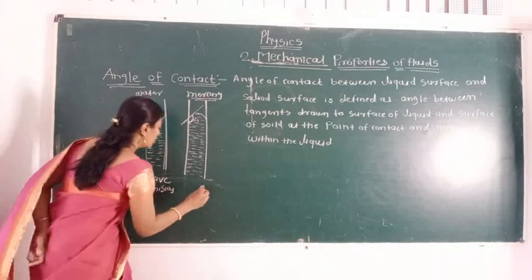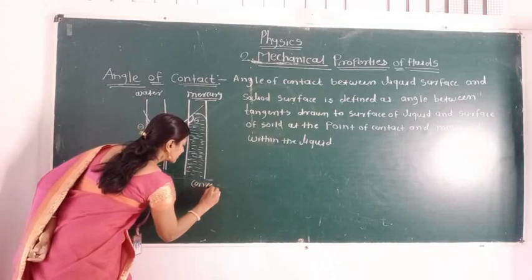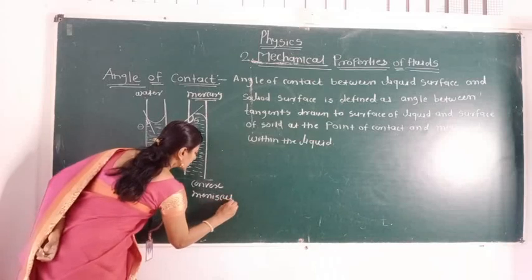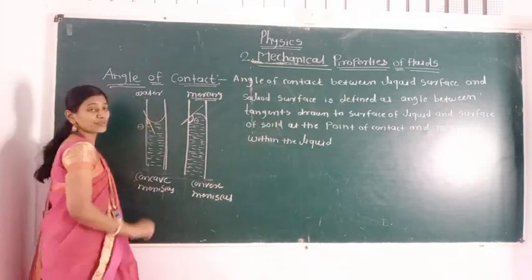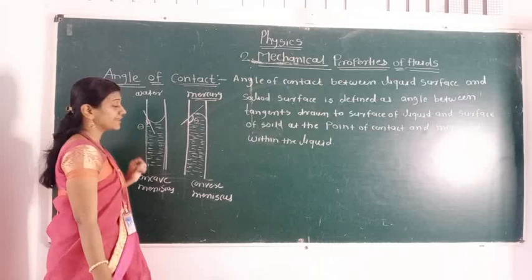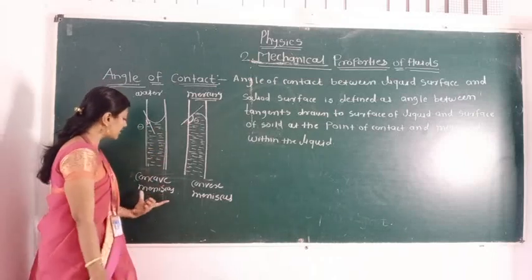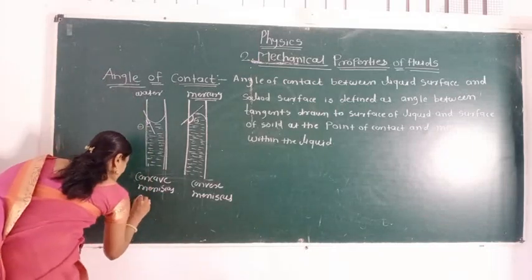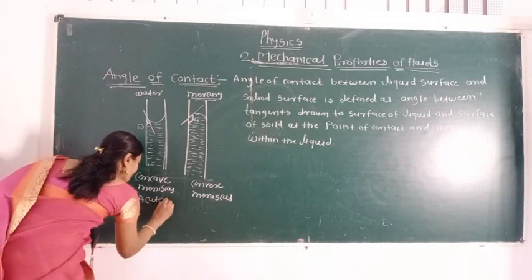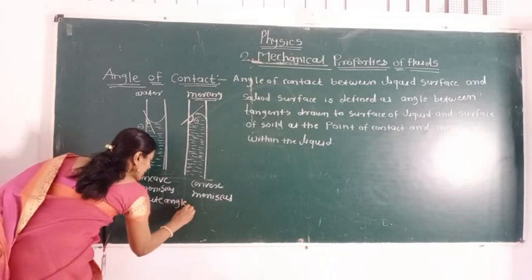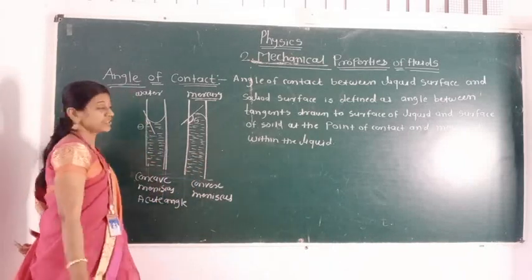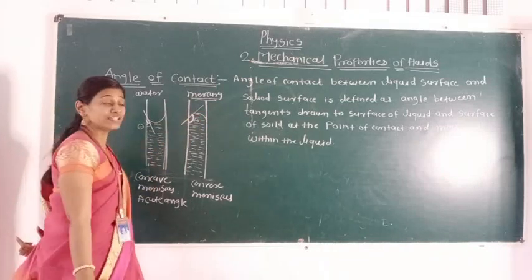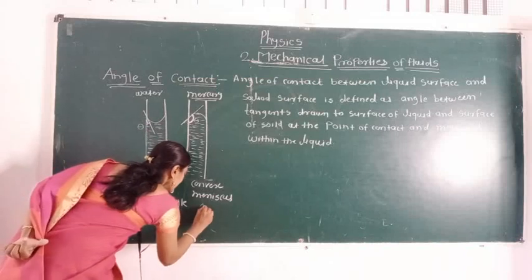Here the angle we are getting is less than 90 degrees. So whenever the concave meniscus is there, an acute angle is present. In the convex case, we can understand by seeing the angle, that angle is greater than 90 degrees. So here an obtuse angle is present.